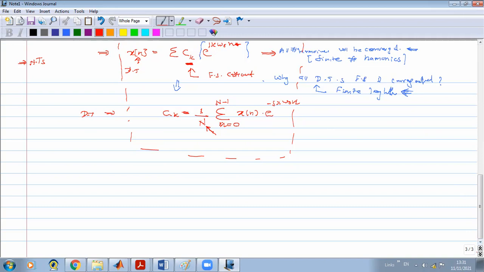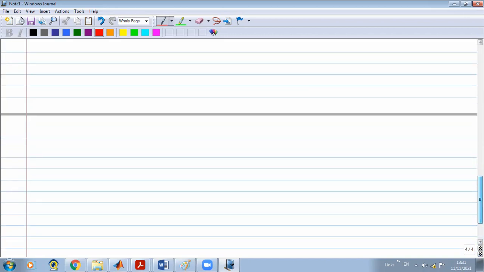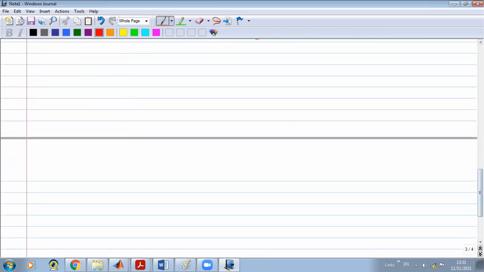Again I write it. You have to keep this in mind. Fourier series representation for a discrete time signal: if the signal is x[n], it should be periodic.